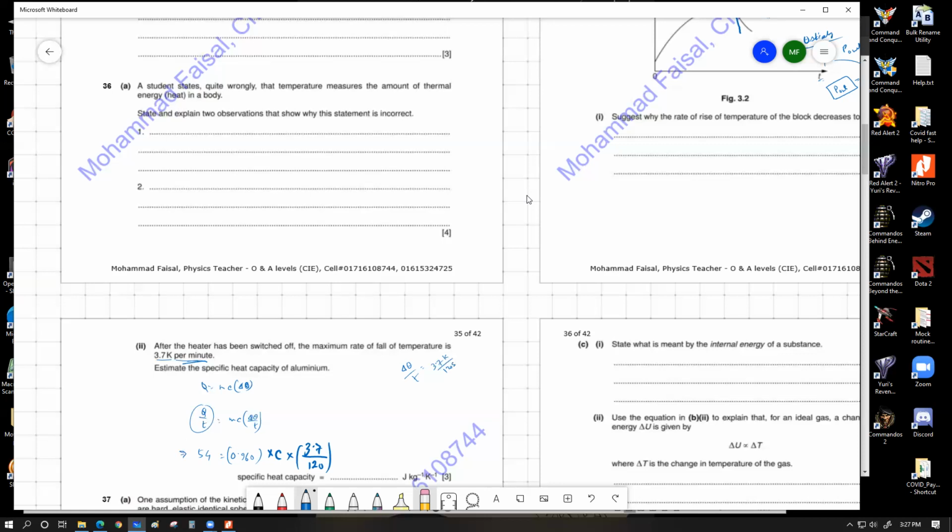This process, in my opinion, is really good, because within the method of doing this experiment, the loss to the surrounding is not affecting our results, because we are measuring right at the point where the supplied rate and the given up rate, heat in and power out, are both equal. So it's a pretty smart way to do a thermal experiment, where we can get rid of the possible error caused by atmosphere.